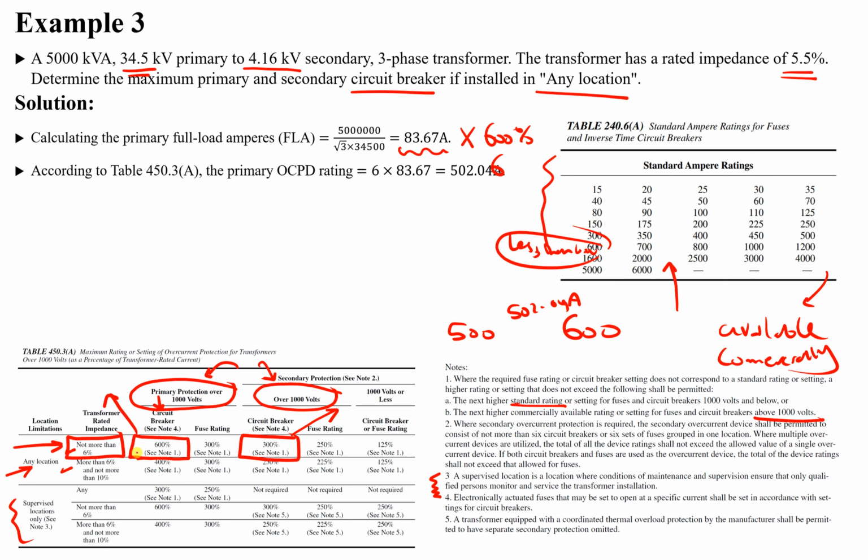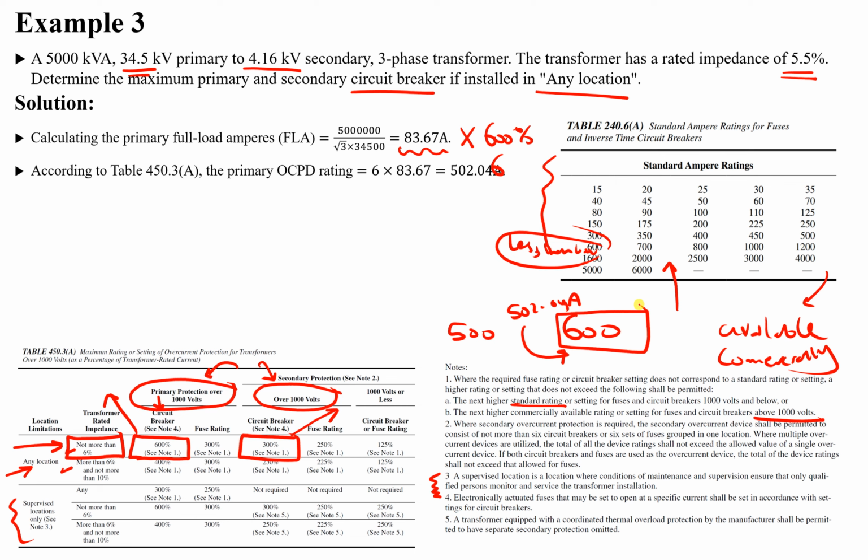According to the NEC standard, for 600%, Note 1 says that where the required fuse does not correspond to a standard rating, a higher rating or setting shall be permitted. It means if I am following the NEC standard strictly, I have to go to the next level, so I should select this 600 amperes.